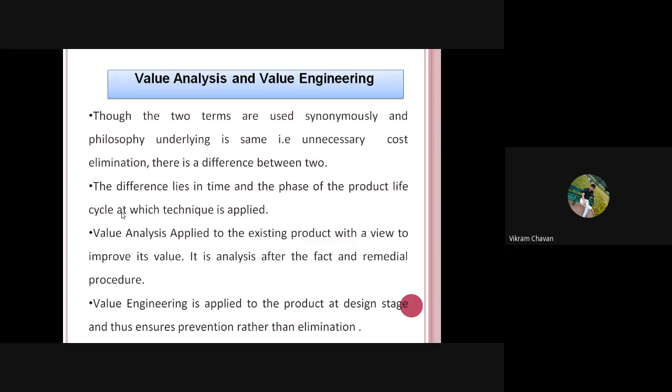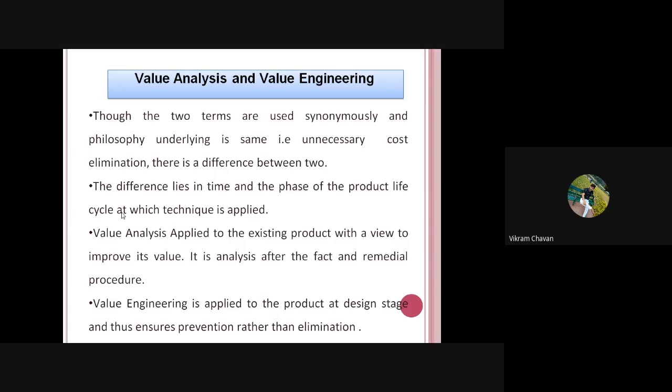Okay, and the company comes to know that there is a need to redesign the component, or we need to reduce the price of the product by changing some manufacturing process, or changing some operations. Okay, consider this theme. Already the product is launched, and due to some problems, or due to market conditions, our product cost is very high.